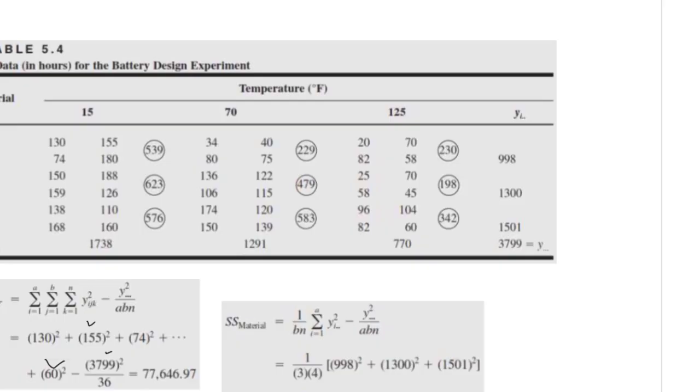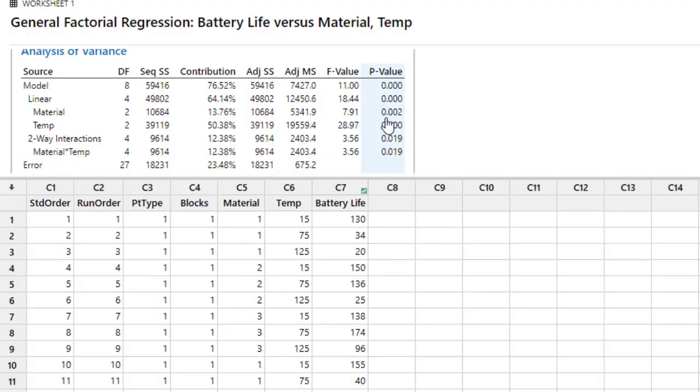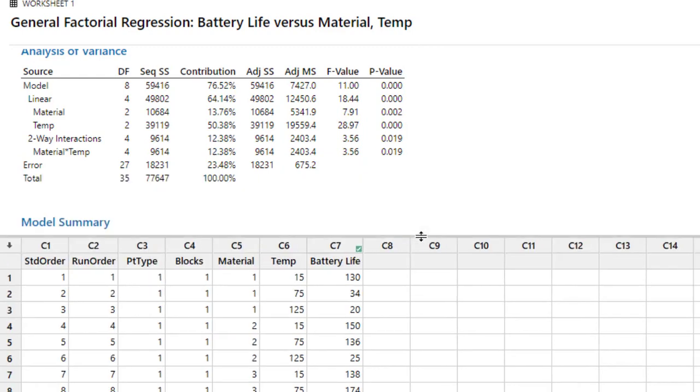So look at this slide: 7.91, 28.97, 3.56, p-value 0.002. We cannot calculate these p-values manually, so we will use software for calculating. You can see that 0.002, 0.00, and 0.019. These are the p-values calculated. So all of the calculations we have performed manually, we can also confirm by using Minitab.